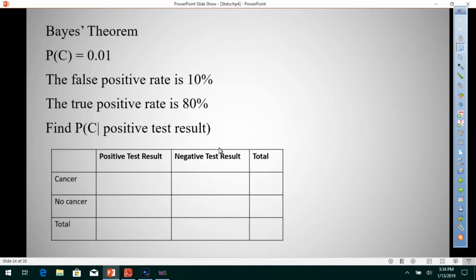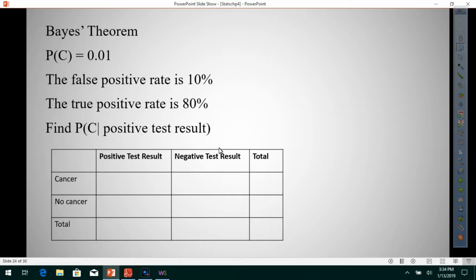Bayes' theorem. Now, to explain Bayes' theorem, first I'm going to do one that is a little bit like we've been doing. Assume cancer has a 1% prevalence rate, meaning that 1% of the population has cancer.